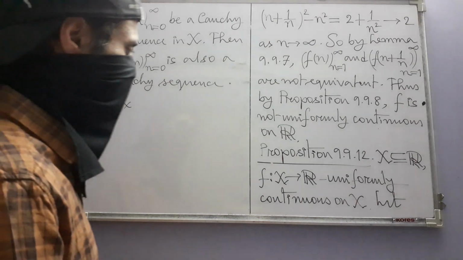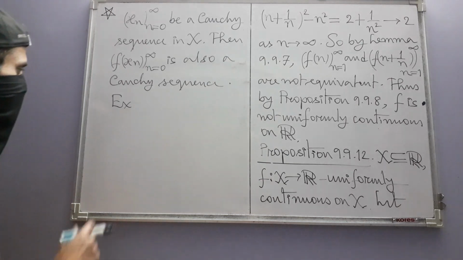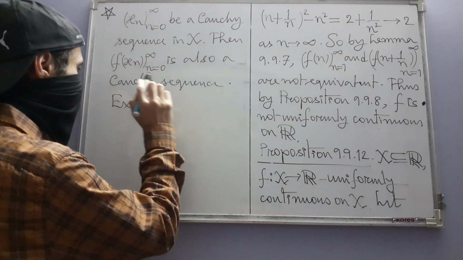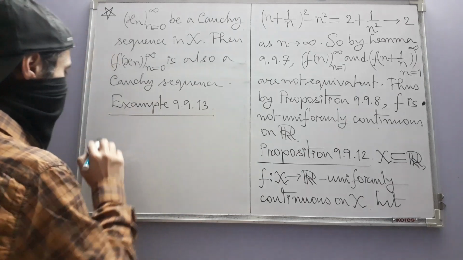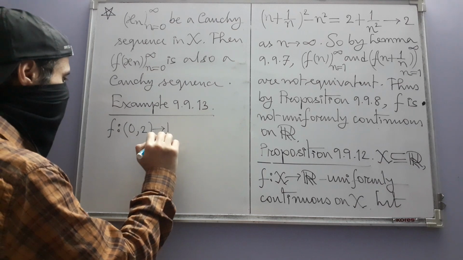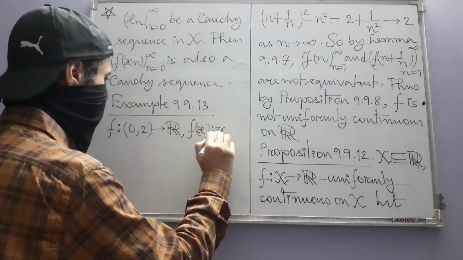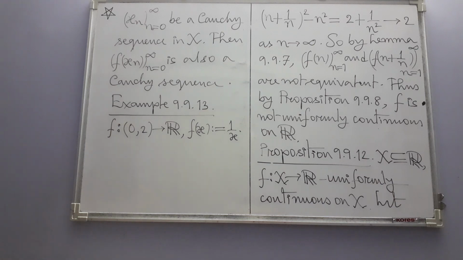So using this, we can only prove that some functions are not uniformly continuous, like what we are going to do here. So our function was just this. And the sequence we are going to consider is that simple 1 over n sequence.